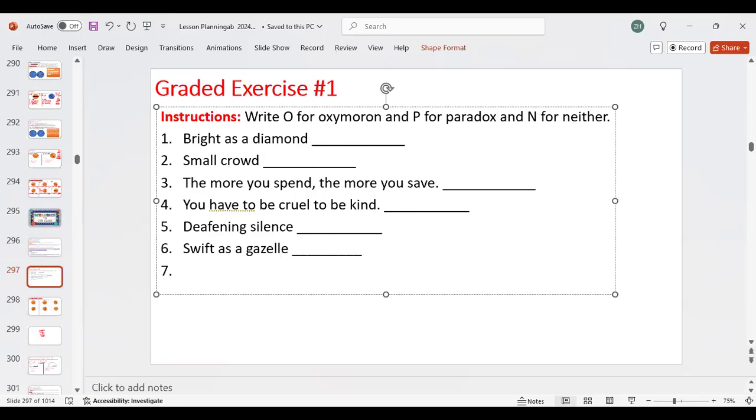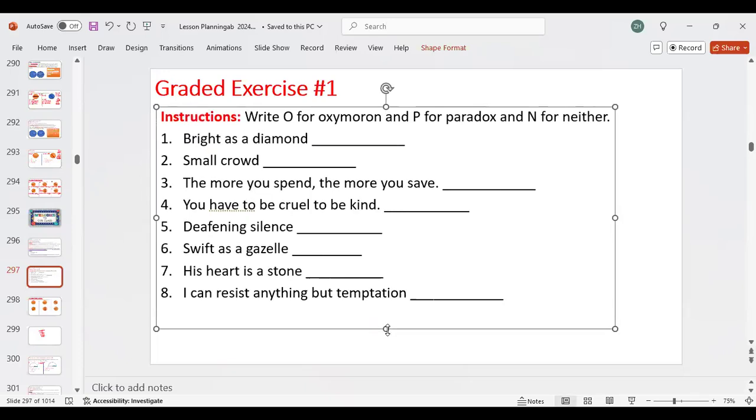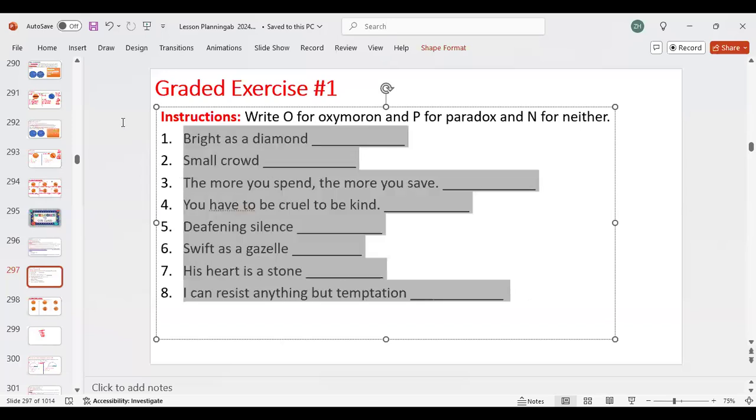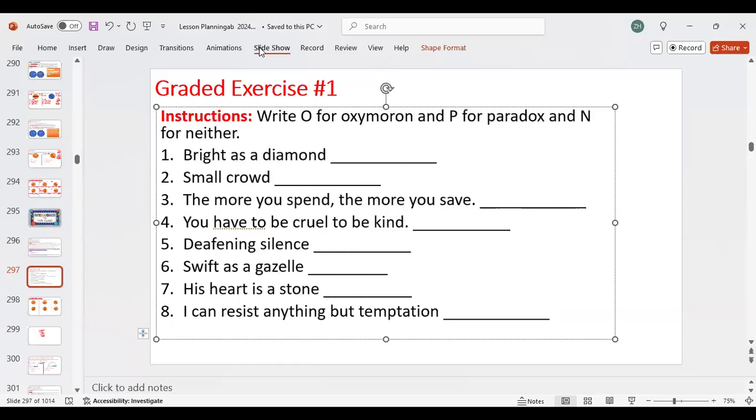Number 7, his heart is a stone. Number 8, I can resist anything but temptation. All right, those are the 8 that you're gonna do. Again, write O for oxymoron, write P for paradox, write N for neither.